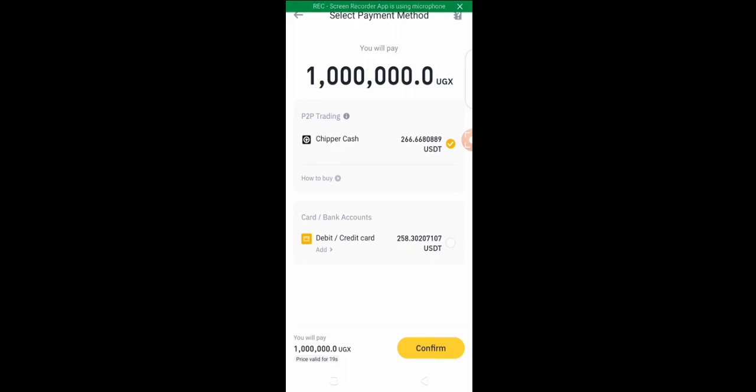Here in Uganda, we can pay using cash, and others can use Airtel Money or MTN Mobile Money. There is also another alternative: you can pay using bank accounts or a card. So it is up to you to choose which one will be simpler for you to use.